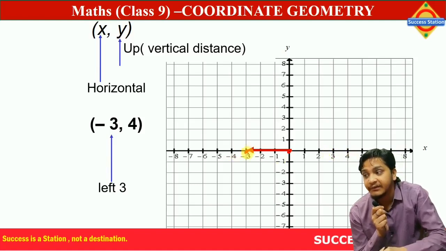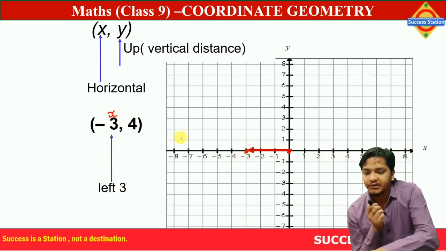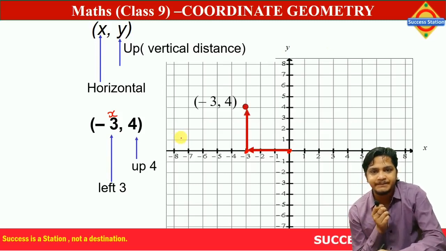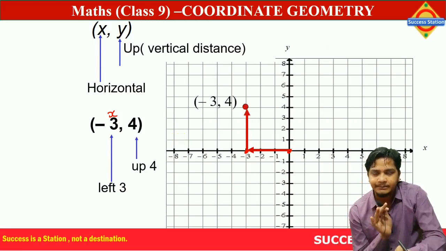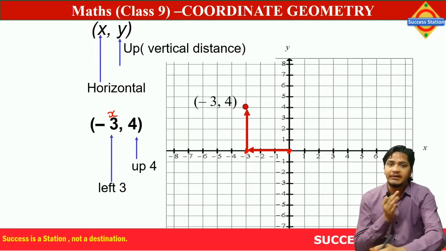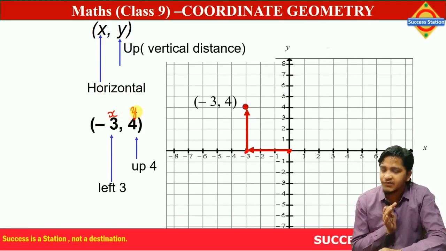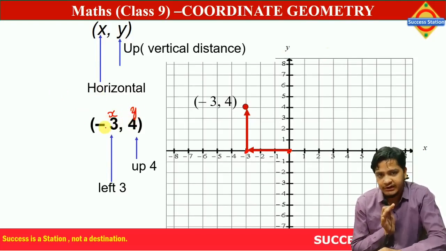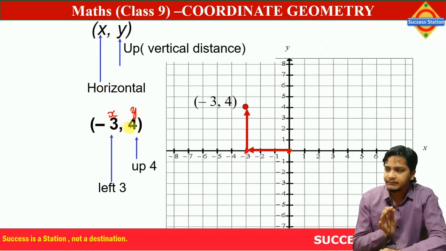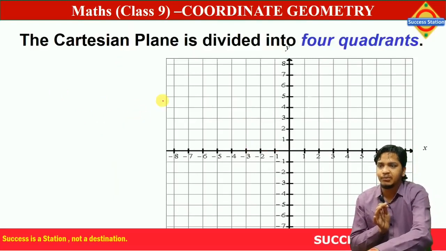First is horizontal, so you travel horizontally in the negative direction, but 4 is positive, so we go upwards. You have to understand: first is x, then y. First you travel horizontally, then vertically, to reach any point.